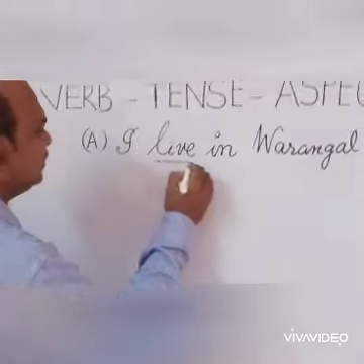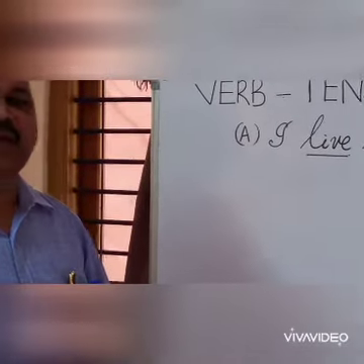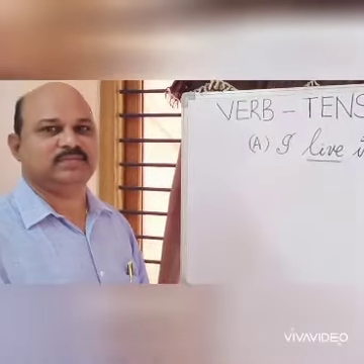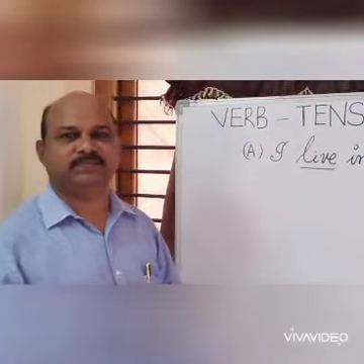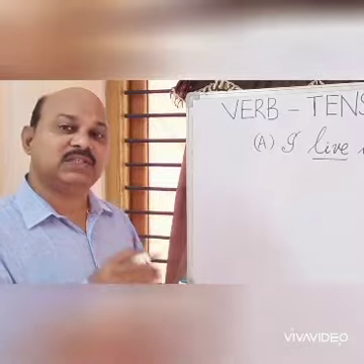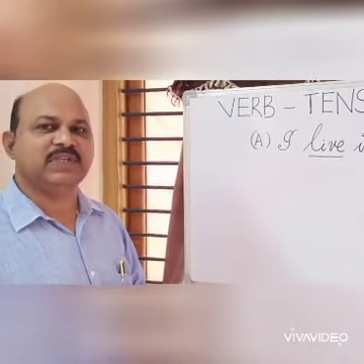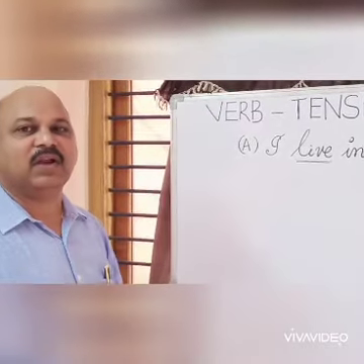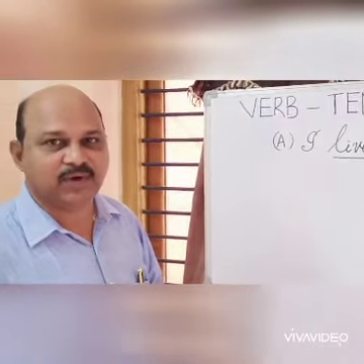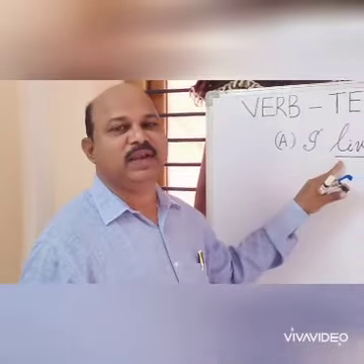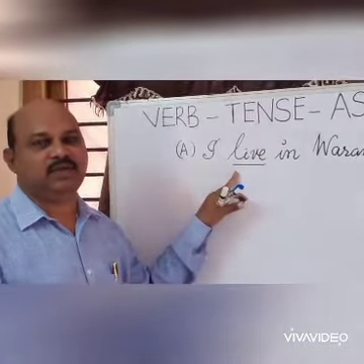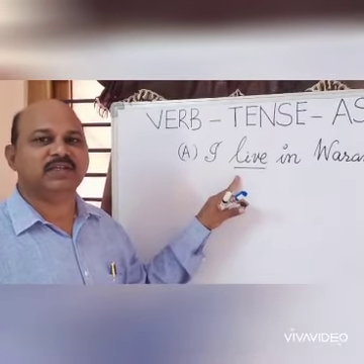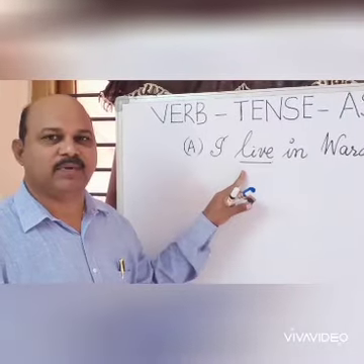In this sentence, this live indicates a doing, an action. That word which indicates an action or what we call doing is called a verb. Here live indicates a doing, an action. Then such a word in English is called verb.